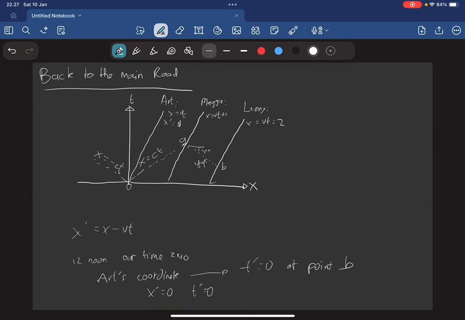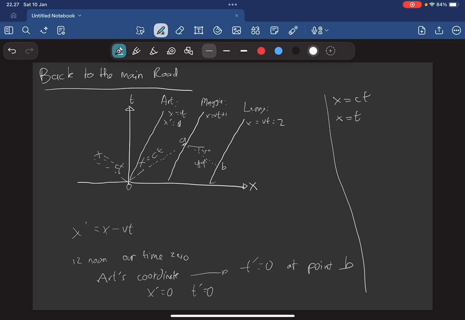Because we are using relativistic units for which the speed of light c equals 1, we can write the equation x equals ct in an even simpler way, x equals t.